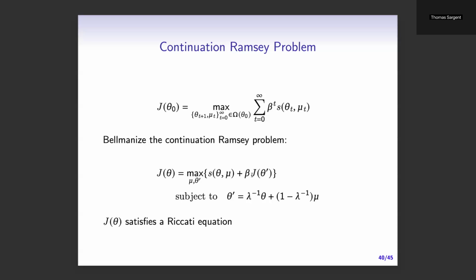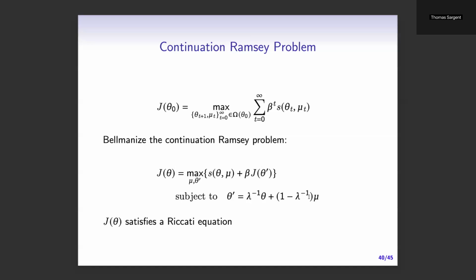Now here's the continuation value function for a continuation Ramsey planner who's going to be stuck with theta prime. So today's continuation Ramsey planner is choosing a theta prime to stick next period's continuation Ramsey planner with. That's a trick. And theta prime has to satisfy this difference equation. And so this is a Bellman equation. It looks like an ordinary Bellman equation.